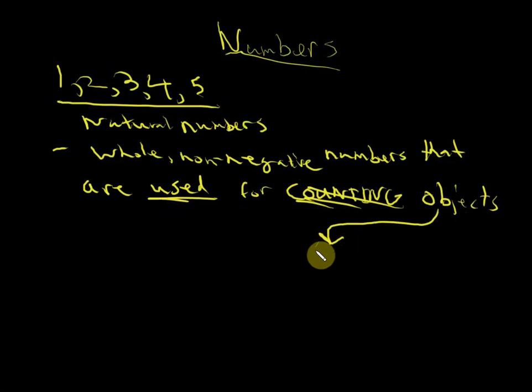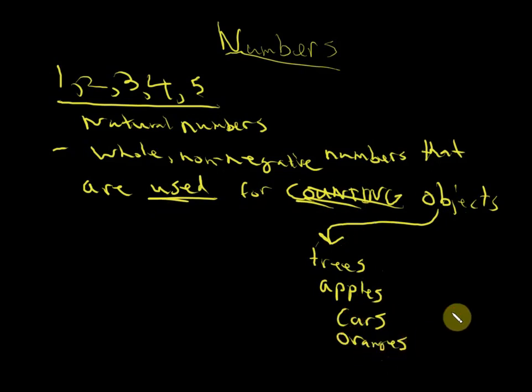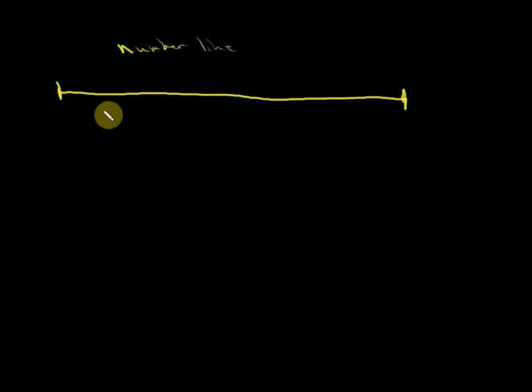So, like trees, apples, cars, oranges. I think you get the picture. And so when we denote natural numbers, we can see them on a number line, right?